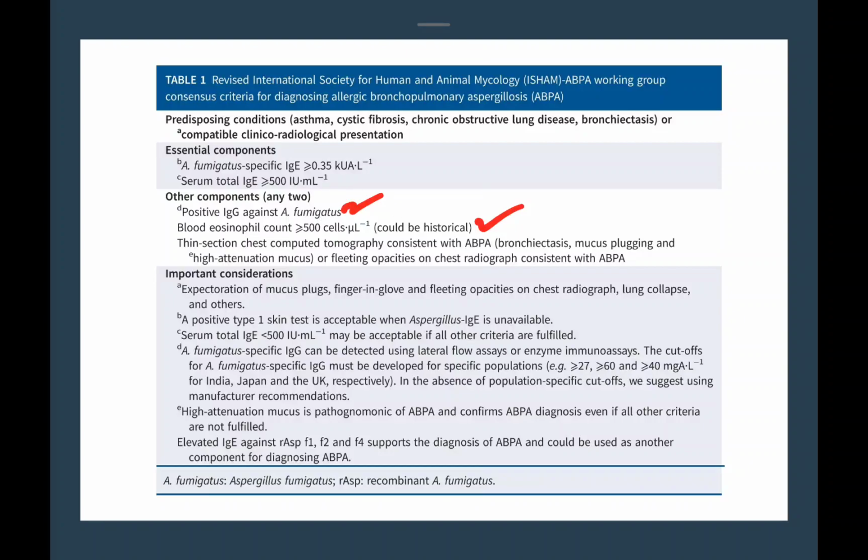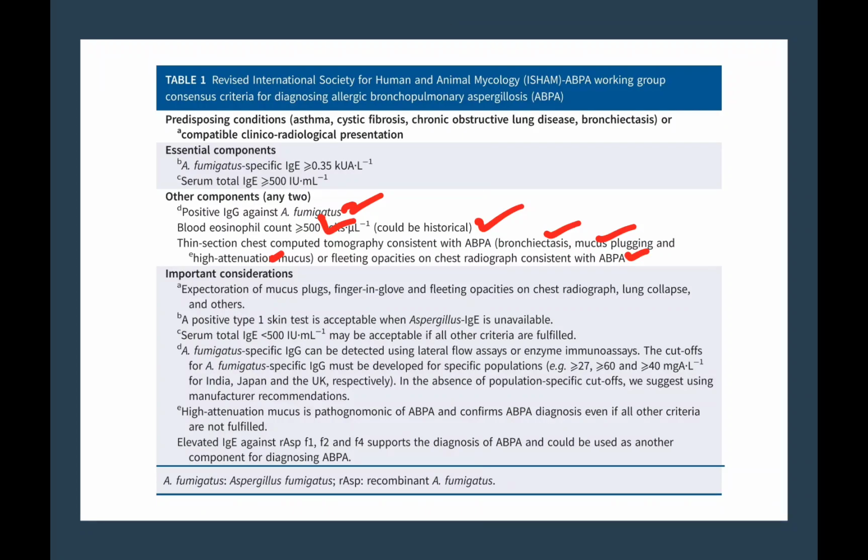Now the third component is CT scan, thin section HRCT of the chest, which shows bronchitis, mucus plugging, and high attenuation mucus, or fleeting opacities on chest X-ray, which is consistent with ABPA.